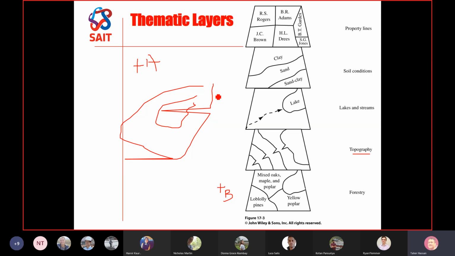What do you think? Costly. It is very costly because rock is like concrete. It's very, very hard, and it takes lots of effort to break the rocks. So what does it mean? It means I also need to look at soil condition, because maybe it is good topography, however, when I cut in this area, it is very expensive.